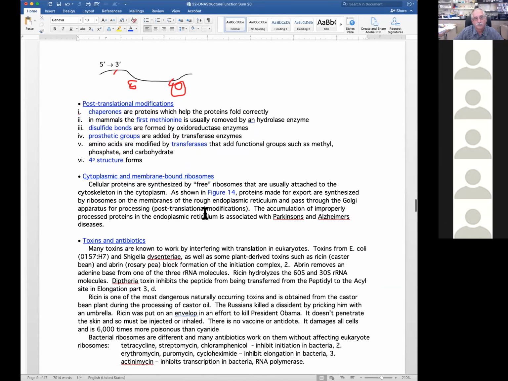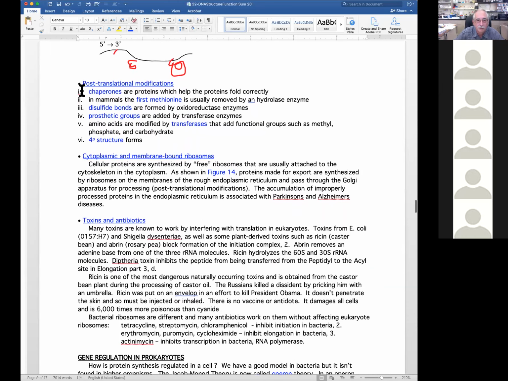And then we have post-translational modifications. As this process is going on, or even as it's over, chaperones help fold the protein correctly. In mammals, the first methionine, which is the start codon, is usually hydrolyzed off. It's gone. Disulfide bonds are formed by oxidoreductase enzymes. Prosthetic groups are added by transferase enzymes.